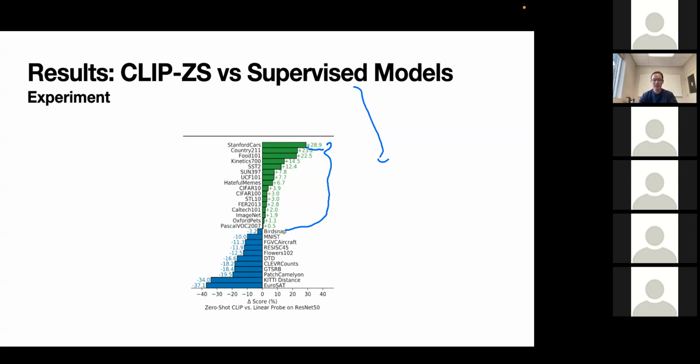But they also reported some weaknesses of this model. Like for the MNIST data set, it is just about recognizing some handwritten numbers, like I write a one and the model will just output one.